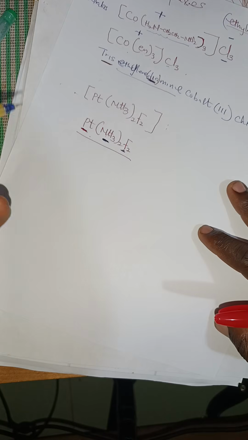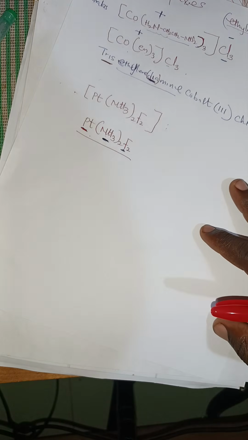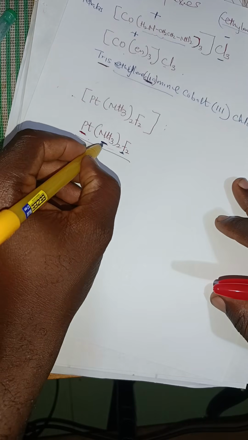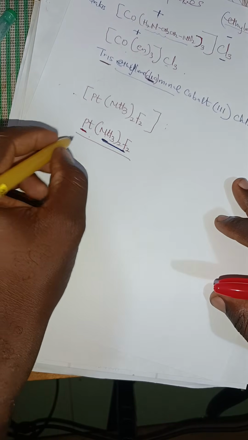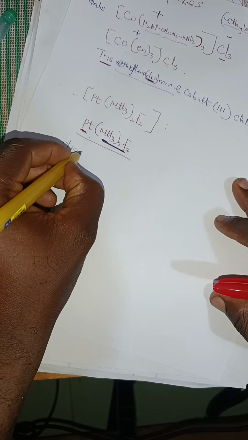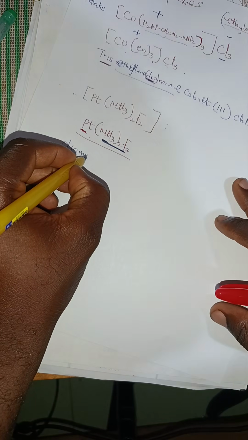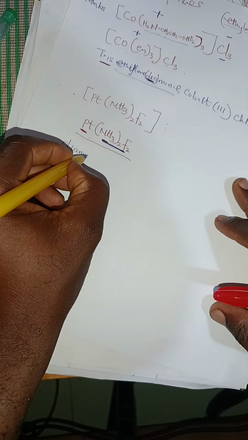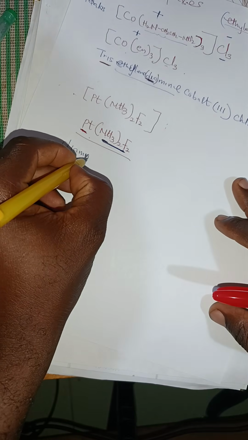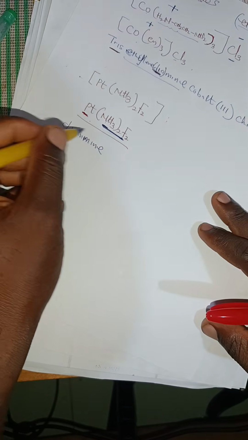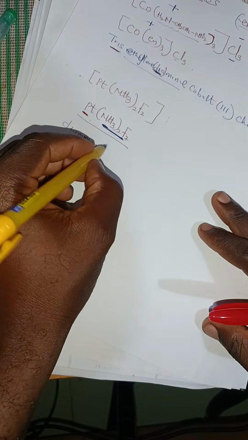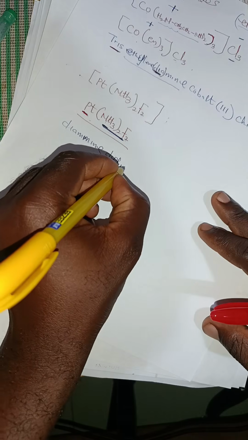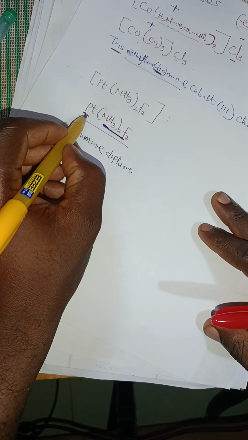So how do we name it? The same way. Since it's a neutral complex, we start naming from the ligand. So this is the ligand, diamine. Then what else again? Difluoro. Now, will I call it platinum or platinate?